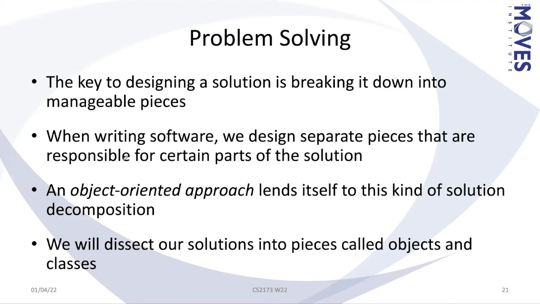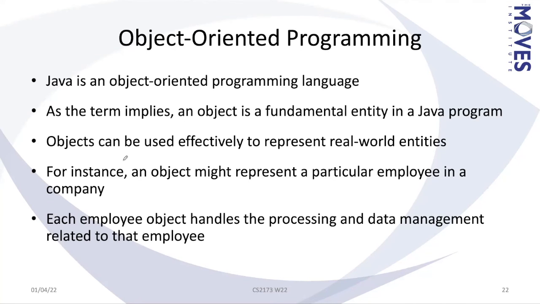Those pieces become the classes and objects. Now, Java is arguably a relatively pure object-oriented programming language. Say relatively, it's not 100%, it's 99 and 44 hundredths percent pure.